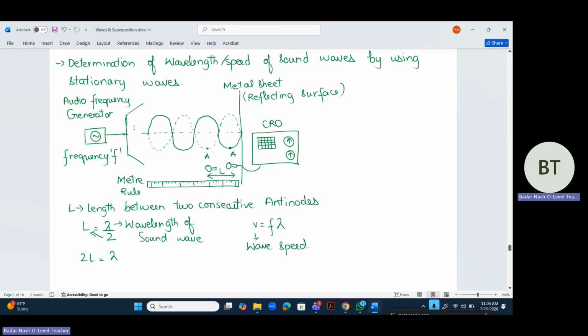Stationary wave क्या होती थी कि when two waves of same type travel in opposite direction, so the net transfer of energy is 0.